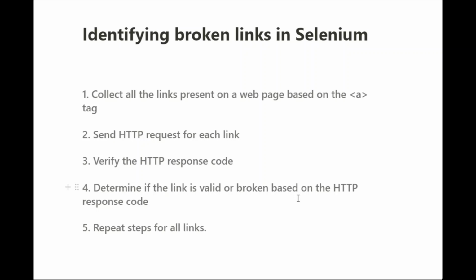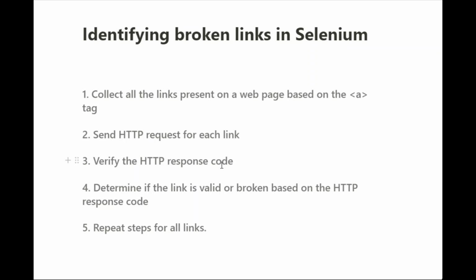The first step is to collect all the links present on the web page based on the anchor tag. You are all aware that a link starts with the anchor tag, so on that basis you can collect all the links present on the web page. Then you have to hit an HTTP request for each link and verify the status code.